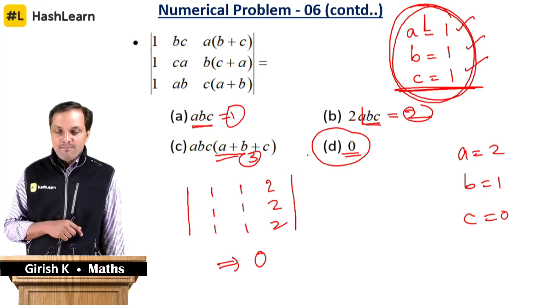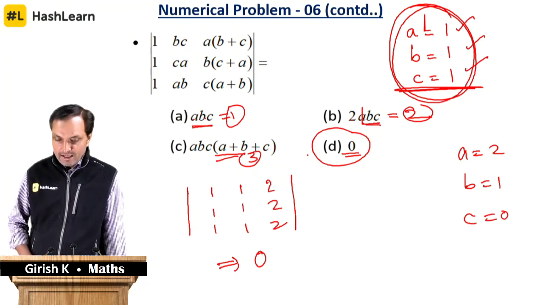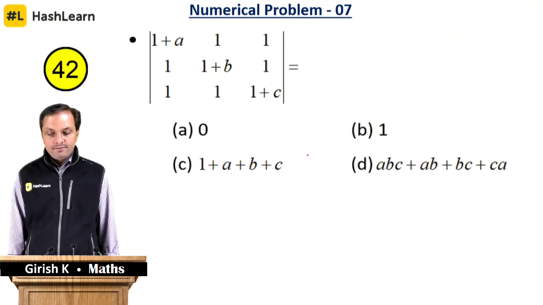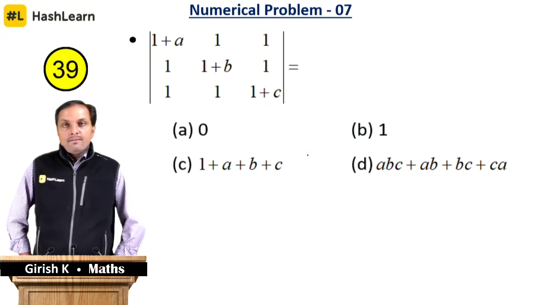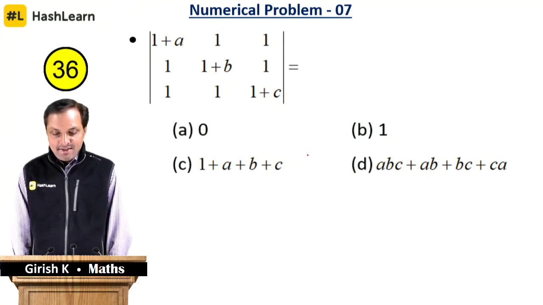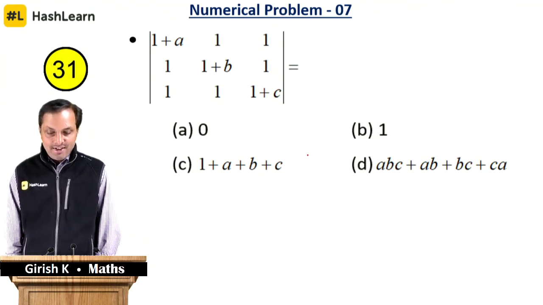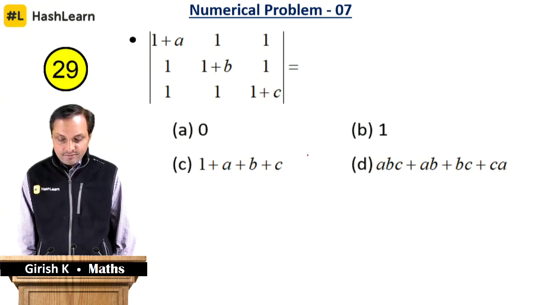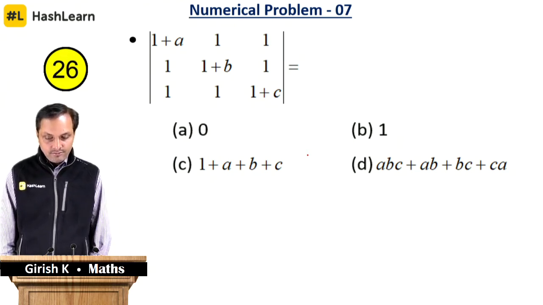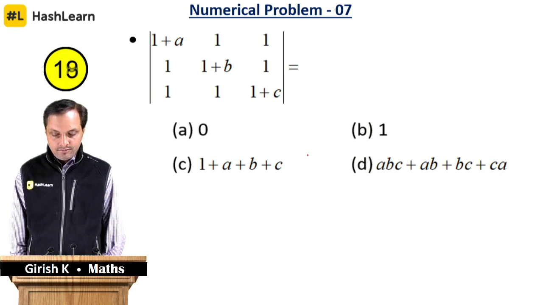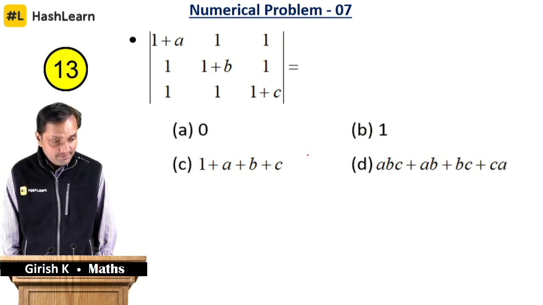You can follow the same method of substitution. Here is problem 7. You can assume A as, B as, C as some values and get the answer. 15 more seconds.